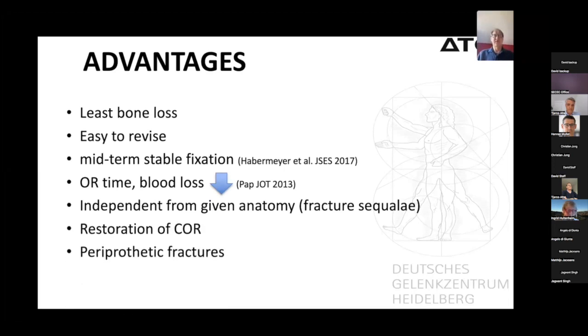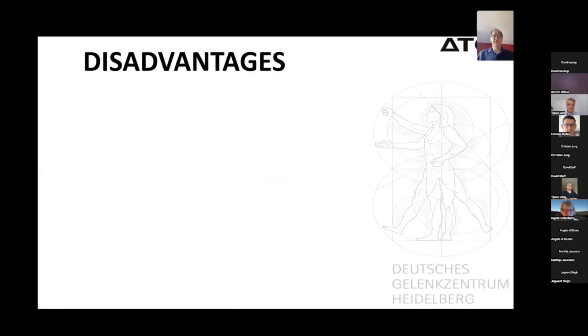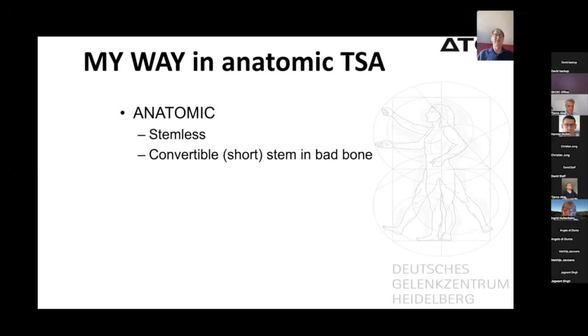So we can restore the center of rotation easily and much better, and the risk of a periprosthetic fracture is not that disastrous. Disadvantages, of course, you need good bone, and maybe it's too easy, so maybe a lot of inexperienced surgeons are tempted to use the implant and then do not do it correctly. That, in my eyes, could be a risk.